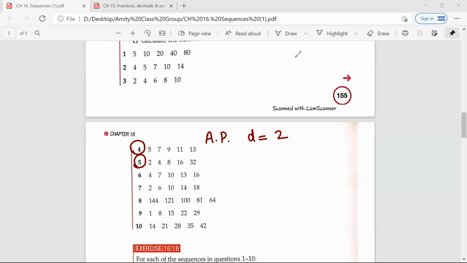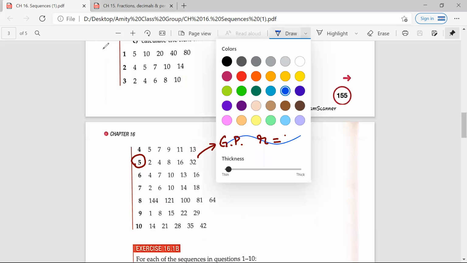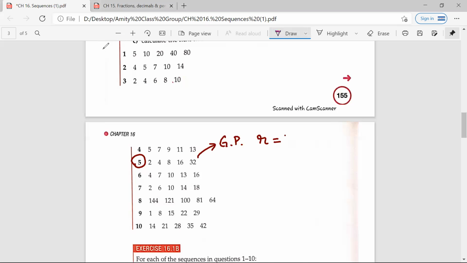Question 5, it's a geometric sequence and the ratio is 2. Shabash. So my common ratio is 2. See, the terminology that they are using in your textbook is a bit different, but I think you would have understood the logic. Logic shouldn't be a problem.